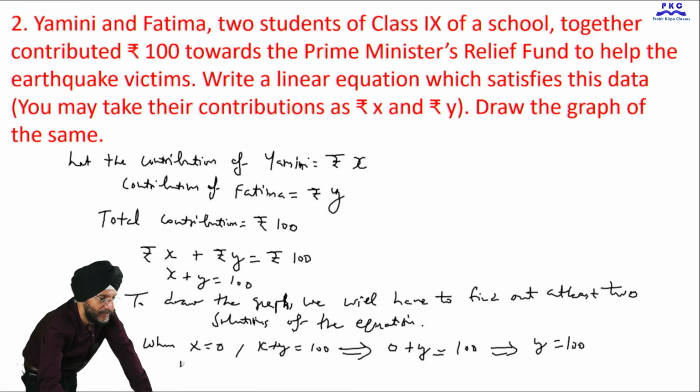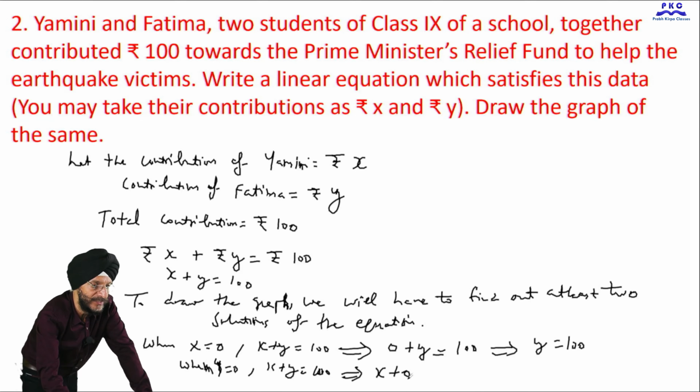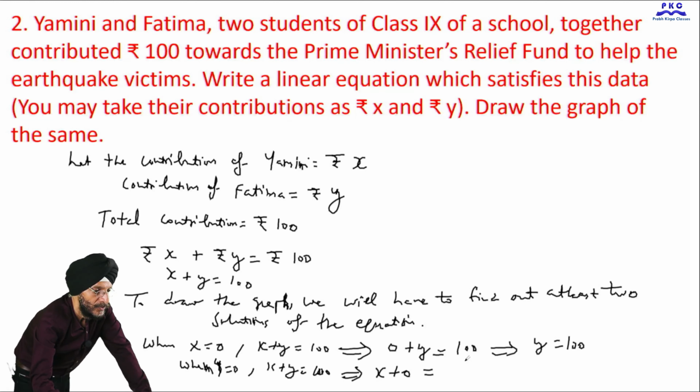Now when y is equal to 0, in the equation x plus y is equal to 100, we get x plus 0 is equal to 100, so x is equal to 100.